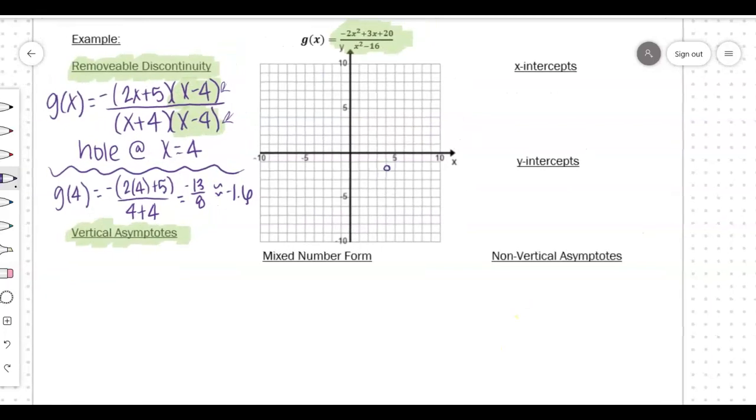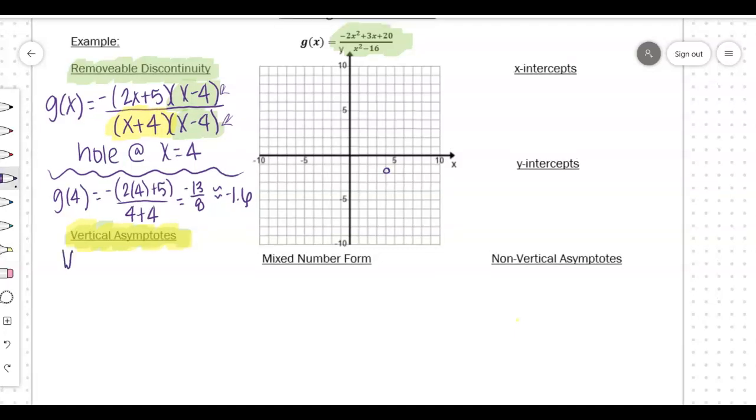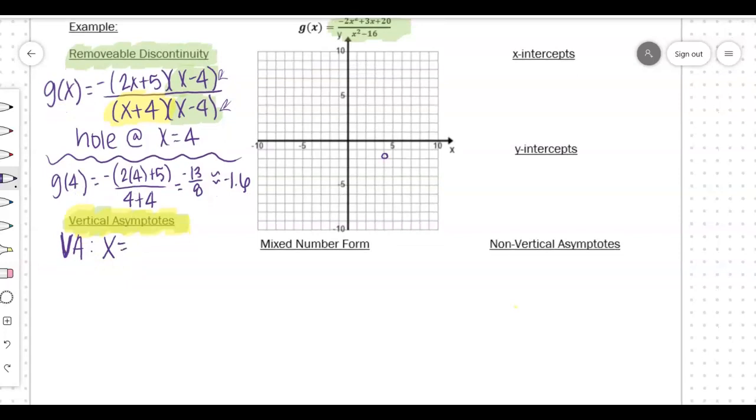Now, vertical asymptotes, we are going to see that when we look at the other factor in the denominator. And so what that tells me is that we can also never plug in a negative 4. So we will have a vertical asymptote at x equals negative 4.